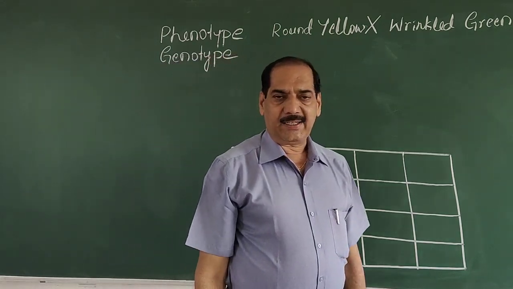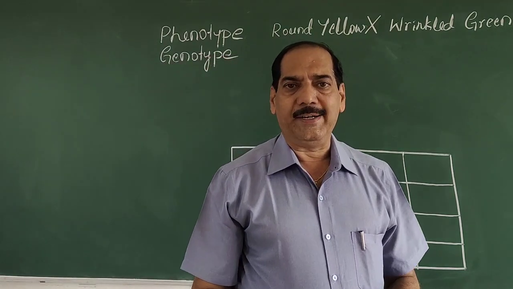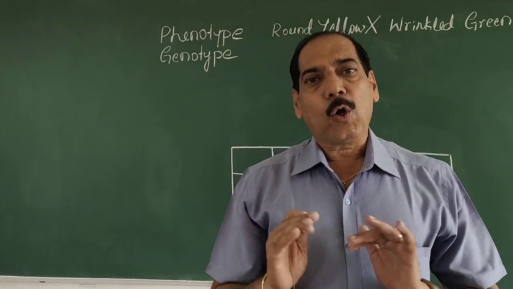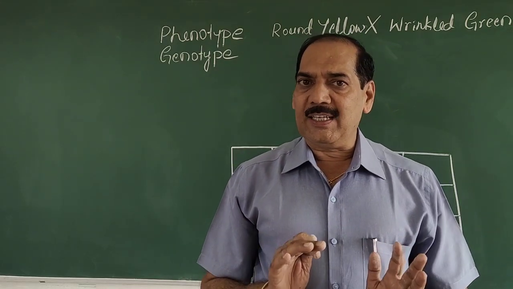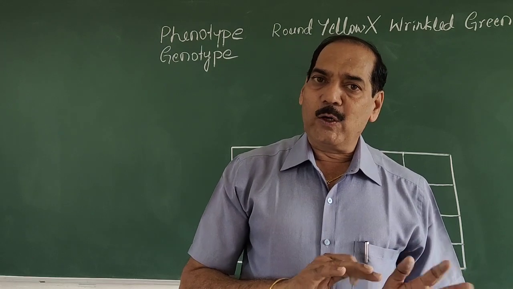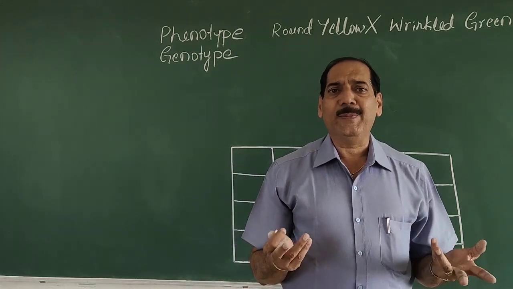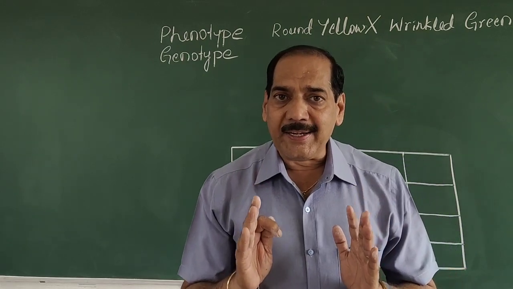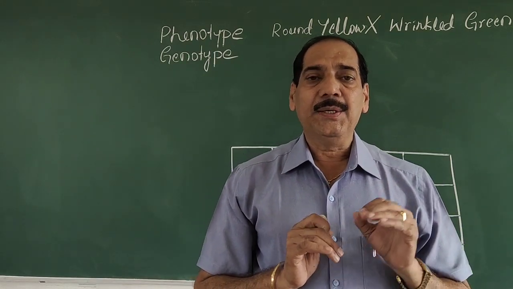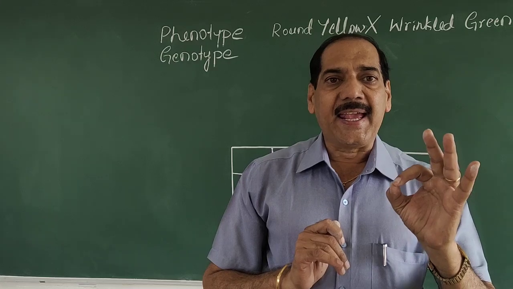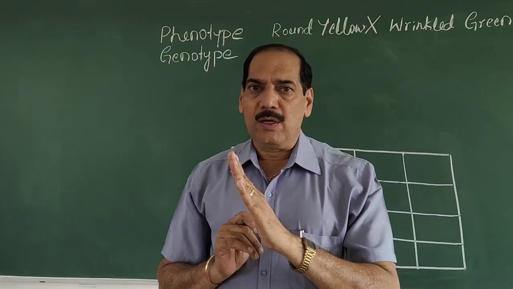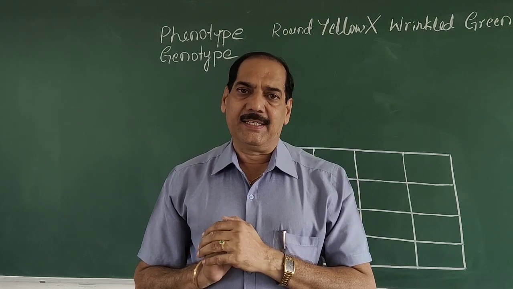Yesterday I said that between tall and dwarf plant, which was the dominant? Tall was the dominant. Which was the recessive? Dwarf was the recessive. What do you mean by dominant and recessive? In a heterozygous condition, the character that is expressed is considered the dominant character.